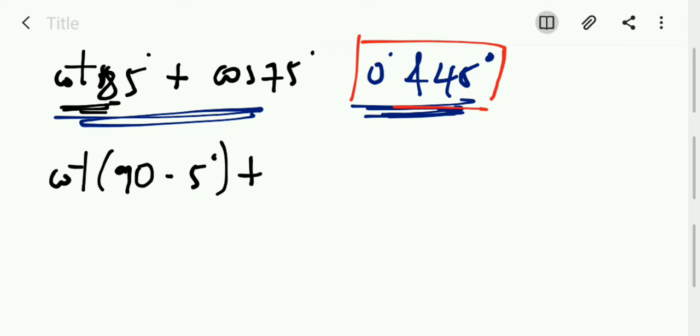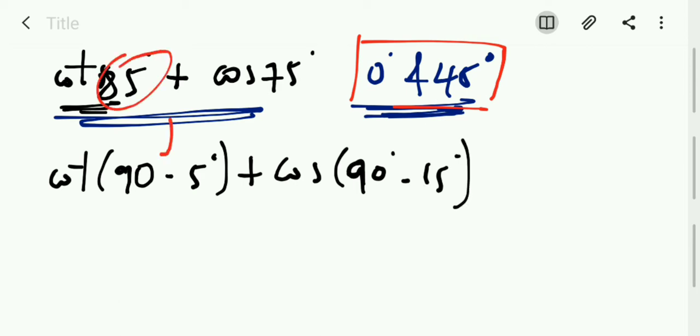Plus, in place of cos 75, what can I write? It is 90 minus 15. Agreed. Have you got these steps? In place of 85 we have written 90 minus 5, and in place of 75 we have written 90 minus 15. Now what is cot 90 minus theta?